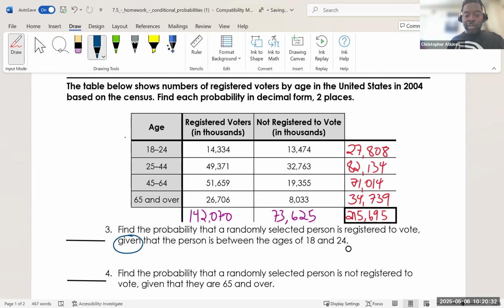So again, for this first question, I see given, so I'm automatically thinking about my conditional probability. I want to first look at those voters that are ages 18 to 24. So that means that I am already looking at this row. Right now I have a total of 27,808 that I am focusing on. But out of those people, the number registered to vote is 14,334.